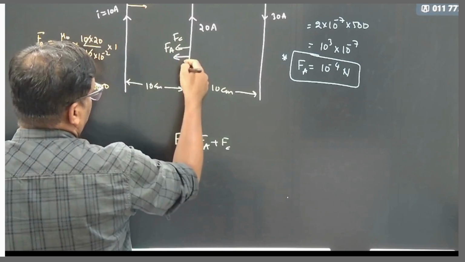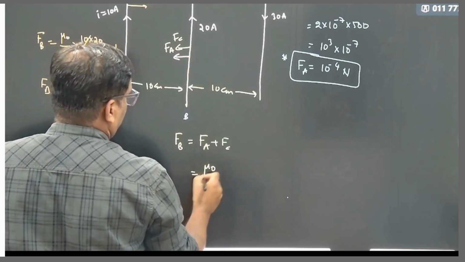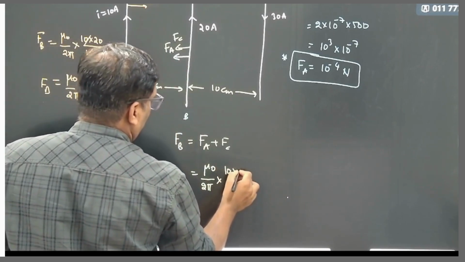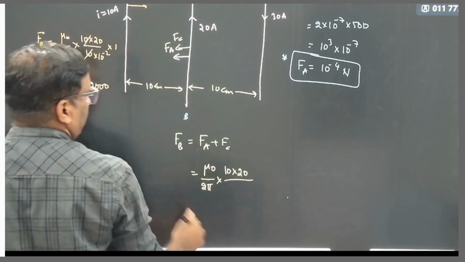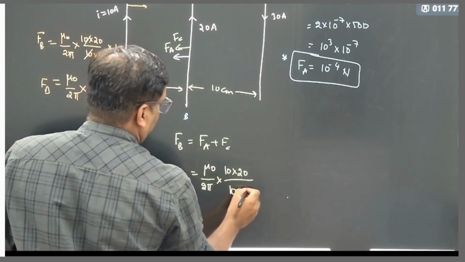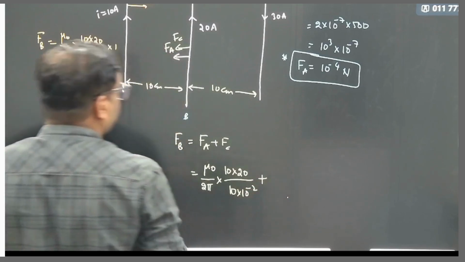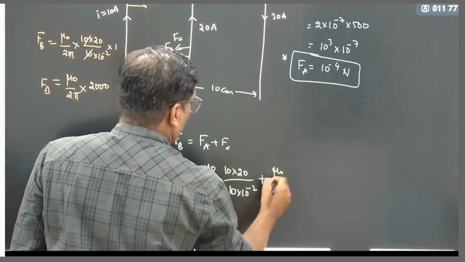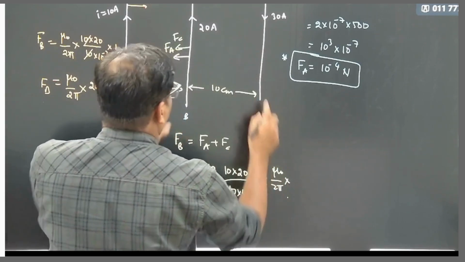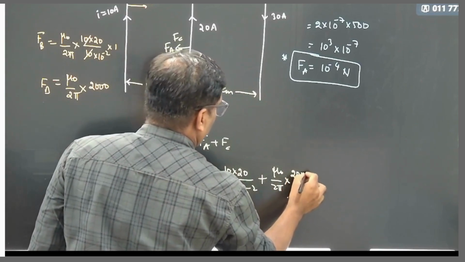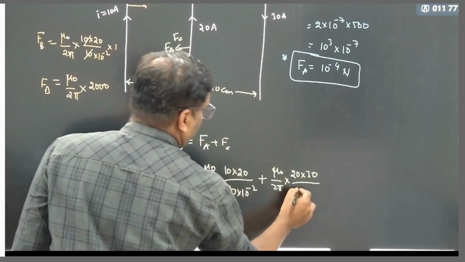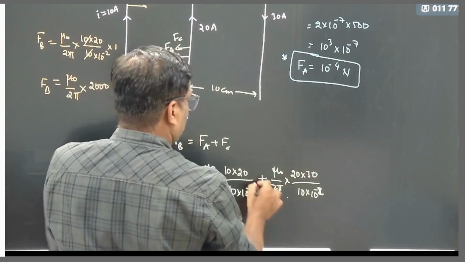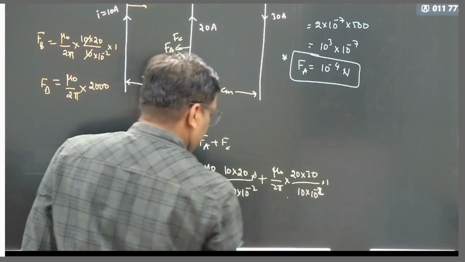Force due to A is how much? Mu naught by 2 pi into I1 I2, 10 into 20, divided by the distance between them, 10 into 10 to the power of minus 2, plus the force due to C: mu naught by 2 pi into the product of the currents, 20 into 30, and the distance between them is 10 centimeter, 10 into 10 to the power of minus 2, into l, which is the length of this part.